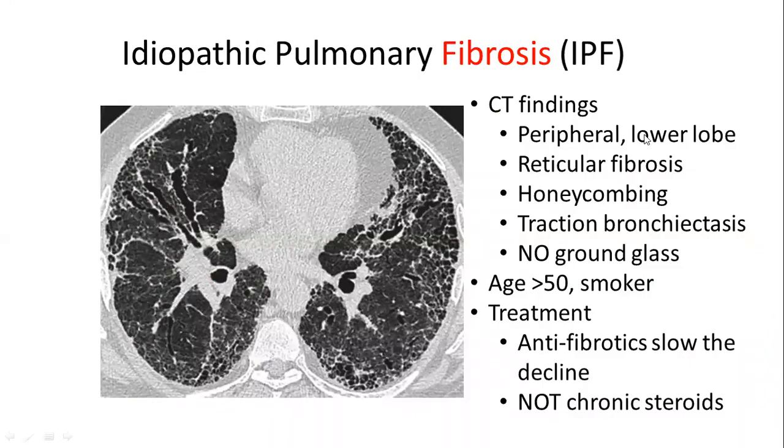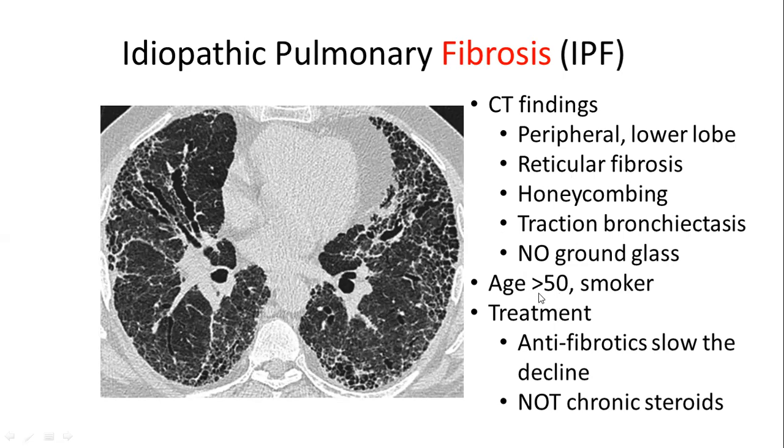So the findings: there's reticular fibrosis, so these little kind of lacy white markings, there's honeycombing, there's traction bronchiectasis, there's not ground glass, and usually it starts in the periphery. If it gets severe, it can take the whole lung, and usually it's in the lower lobes. It's mostly in older people.